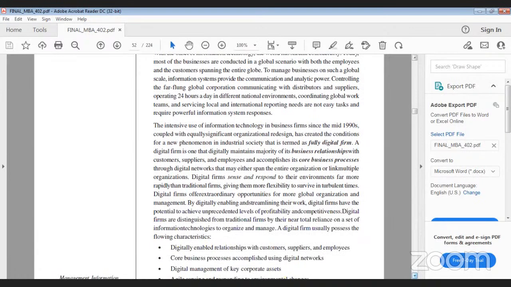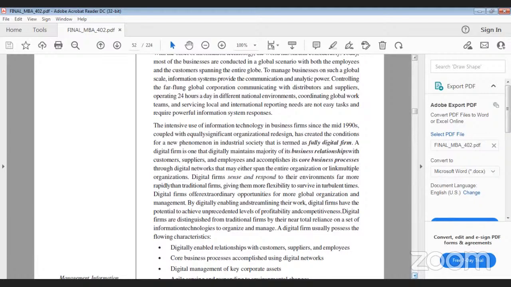The incessant use of information technology in business since the mid-1990s has created the conditions for a new phenomenon in industrial society that is termed the digital firm.